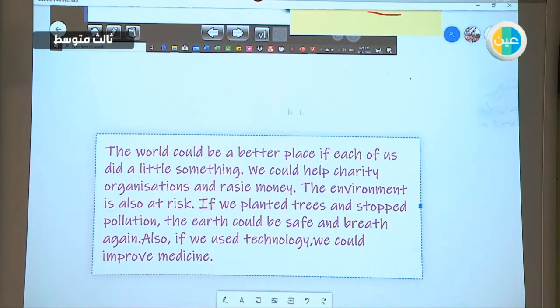Now, I want you to read it again and try to find the verbs in this sentence, to find which tense it is, and to underline the conditional sentence type too.